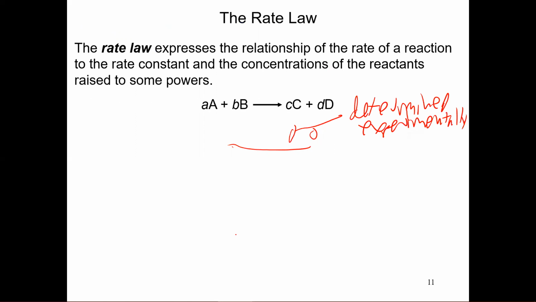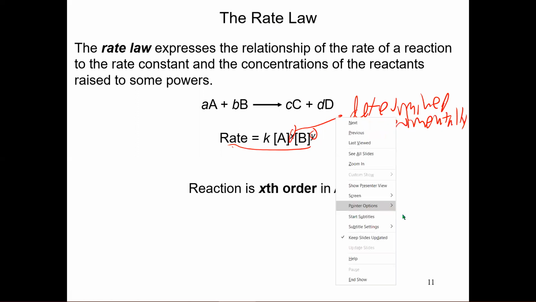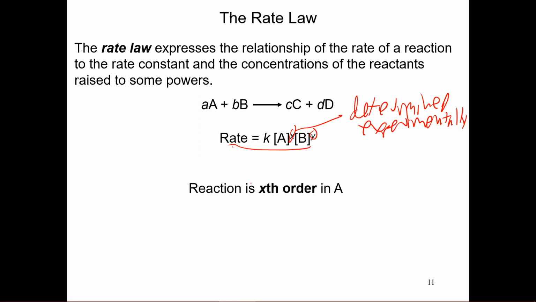So if you have a problem like this, the rate will equal this related to each of them. What we have here is a combination of factors where you've got the rate constant, then the concentration of A, and then the concentration of B, and they have a relationship between each of them.